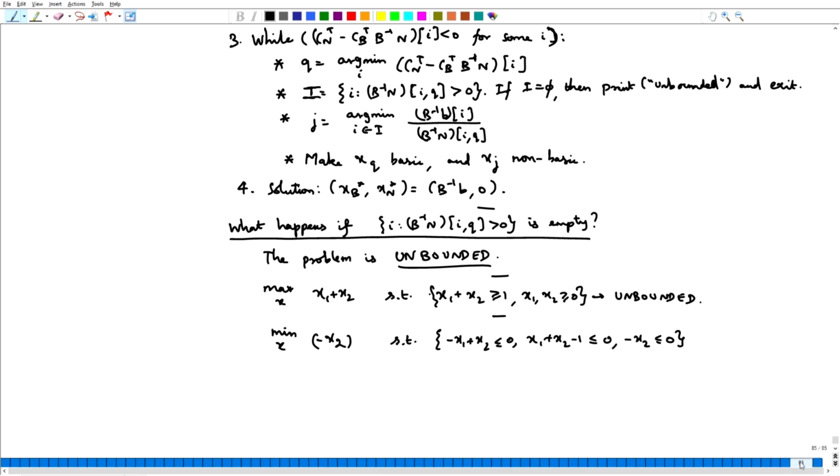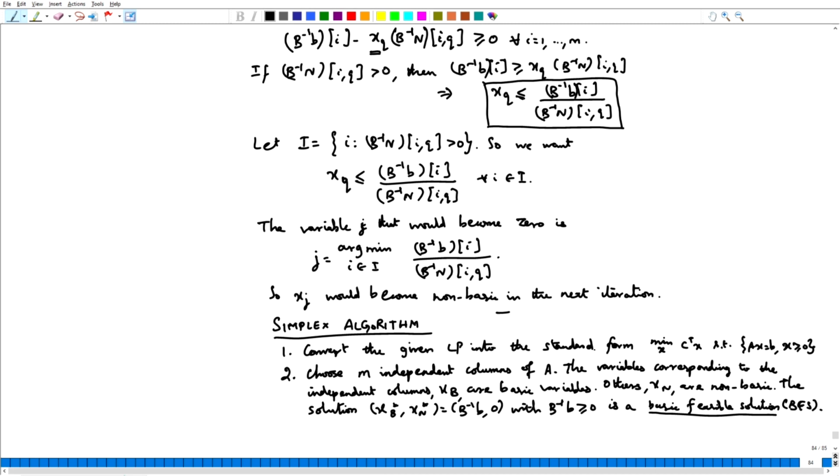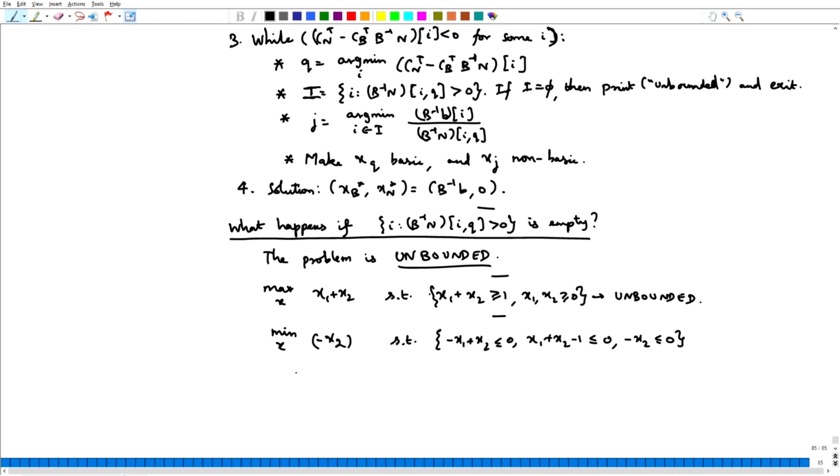If you recall, the first step is to convert the LP into standard form, which we have already done. So the problem now becomes: min minus x2, of course this is not going to change, subject to the constraint with matrix minus 1 1 1 minus 1 1 1 1 0 0 1, times x1 plus, x1 minus, x2, x3, x4, equal to 0 1.